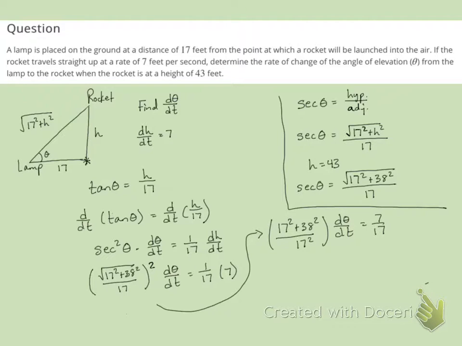So if I multiply by the reciprocal to solve for d theta dt, I'll have 7 over 17 times this 17 squared plus 43 squared all over 17 squared.